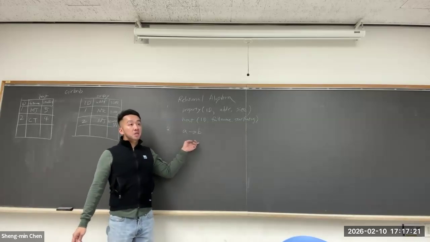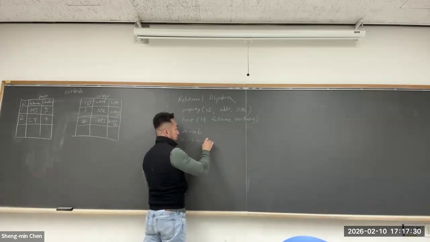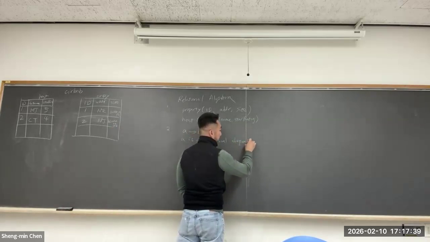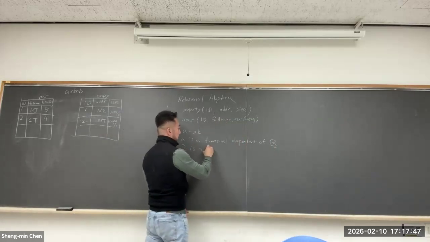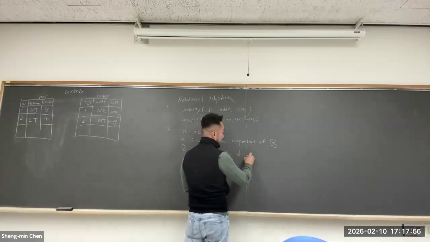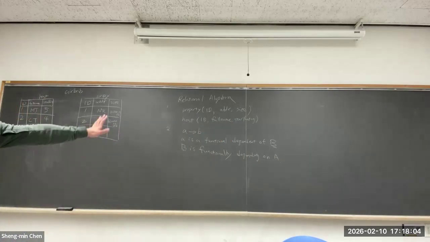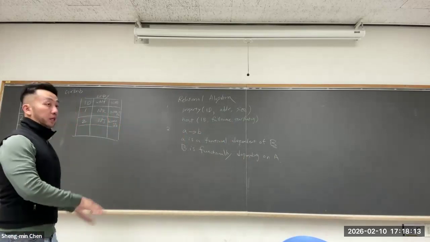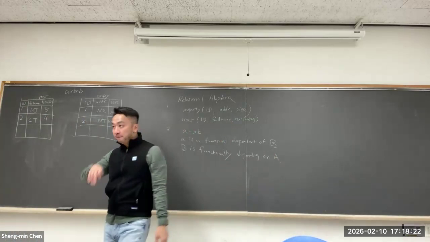But in relational algebra, this means that A is a functional dependent of B. B is functionally dependent on A. In relational databases, you just have to remember, in addition to how you say if A, then B, it translates in relational algebra to A is a functional dependent of B, B is functionally dependent on A. Okay?